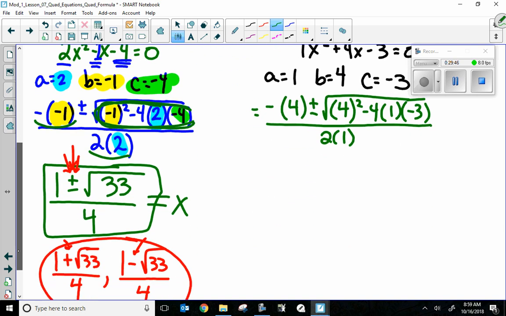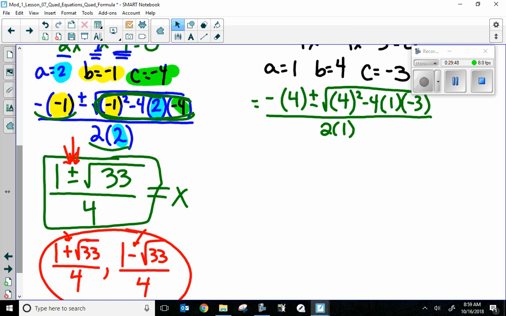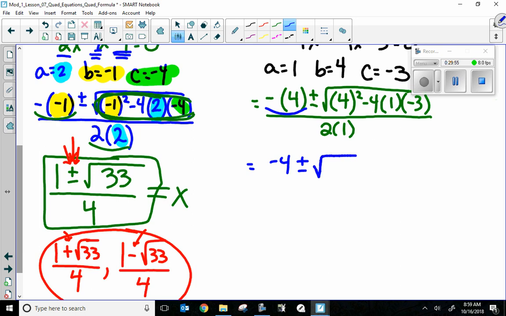So let's just simplify this. The first thing I should do is negate my 4. I get negative 4 plus or minus the square root of, okay, this is 16. Negative 4 times negative 3 is positive 12. And if I multiply that times 1, it stays positive 12. This is 28. Good. All over 2 times 1 is 2.